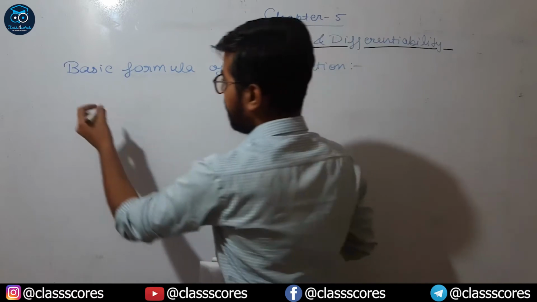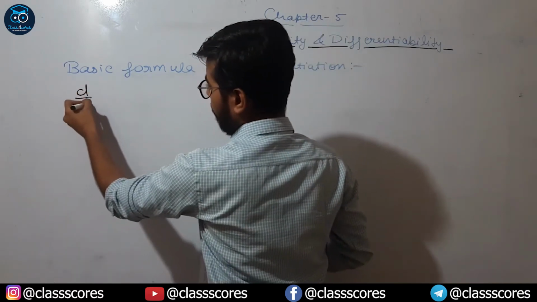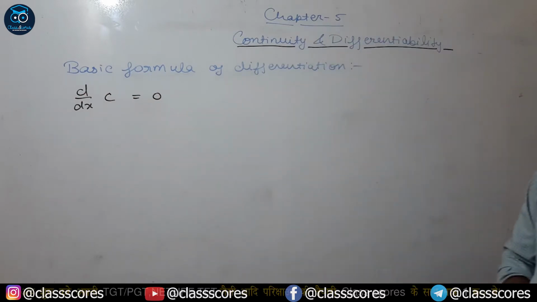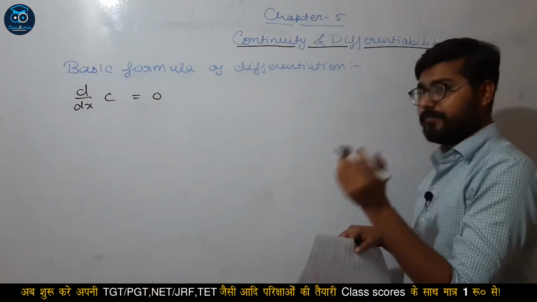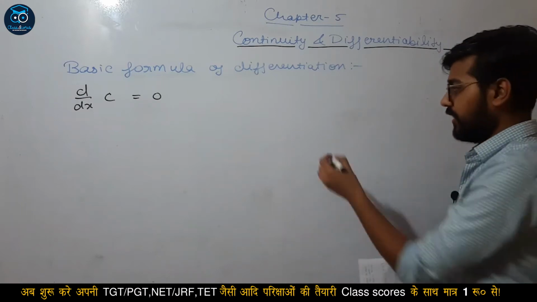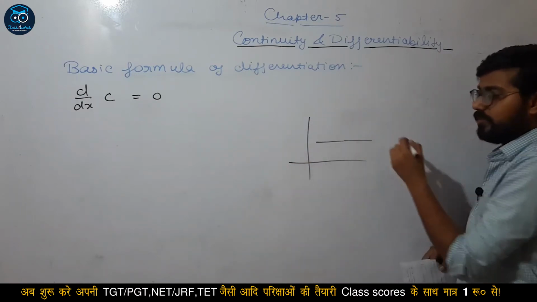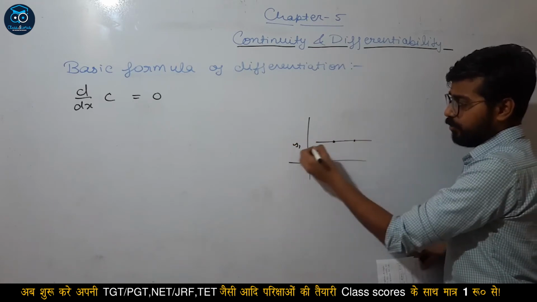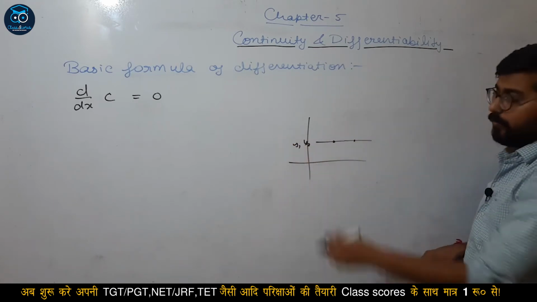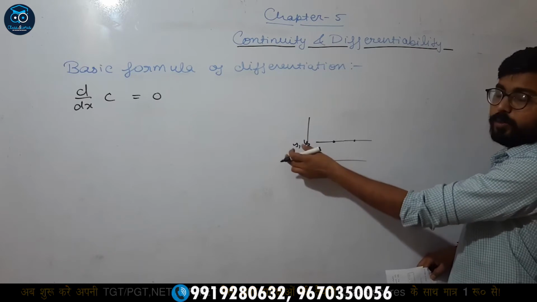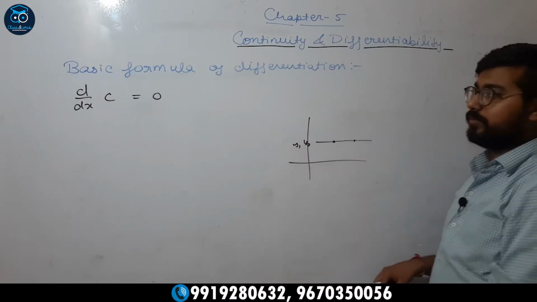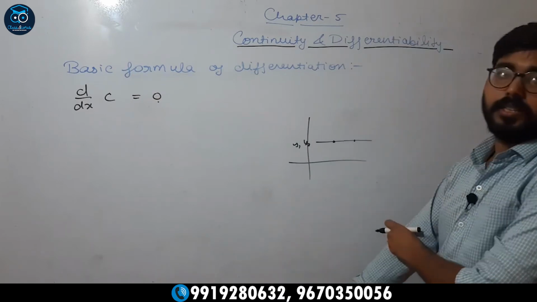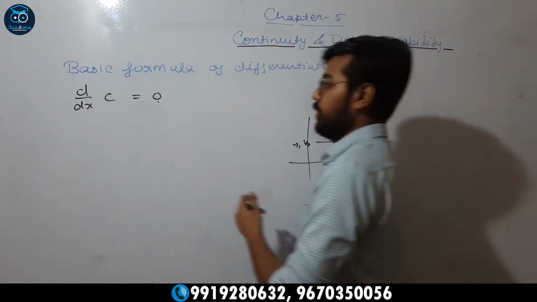The differentiation d upon dx of any constant is always equal to 0, because when we find any difference in a constant, suppose we draw a constant graph, here y1 and y2 are both the same. When we find the difference y2 minus y1, we get the value 0. So we can say the derivative of a constant is 0.